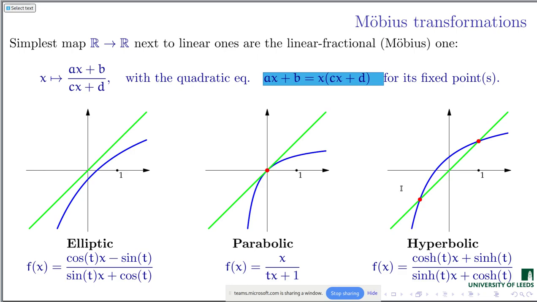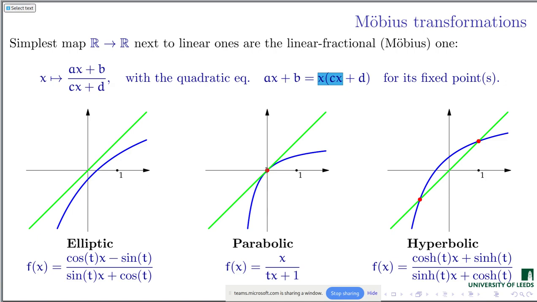The equation for the fixed point generates a quadratic equation, and this quadratic equation may have no solution. So this blue is the graph of the corresponding Moebius transformation, and for a fixed point it shall intersect with the green line, of course.